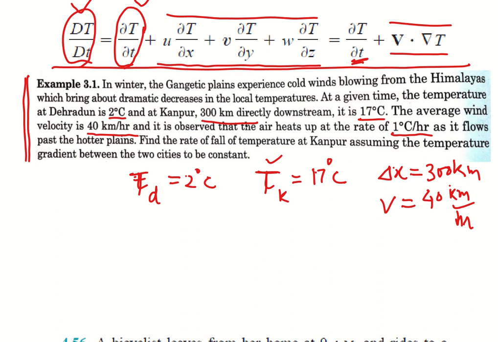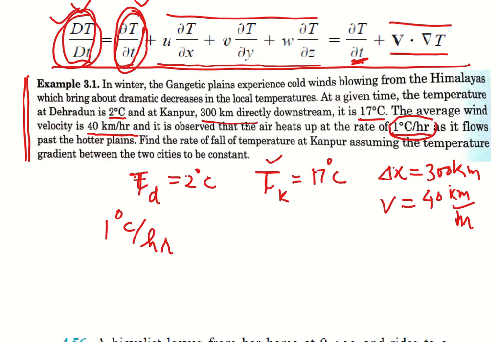So this term, 1 degree centigrade per hour, whether dT over dt is given or del T over del t is given, what is it? As I explained, this thing is called the material derivative when we follow the particle as it moves in the flow field.